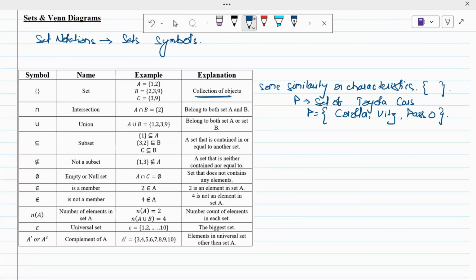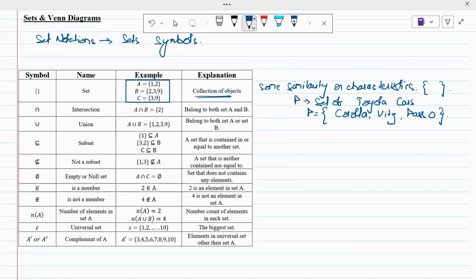All right, now the other symbols. For all the other symbols, we would be considering these three sets throughout as a reference, as an example. We have already defined the three sets. We have a set A having the elements 1, 2.